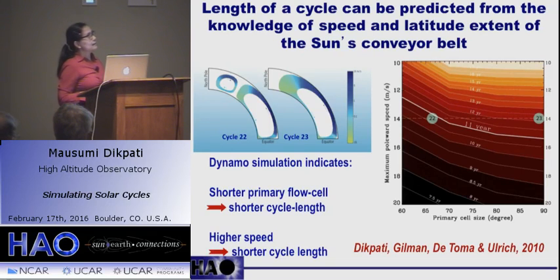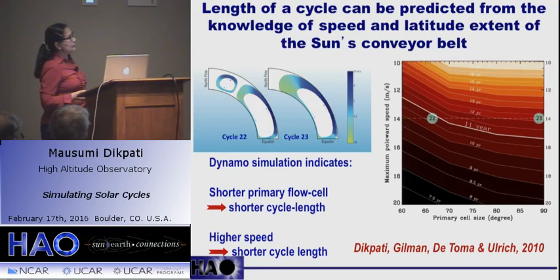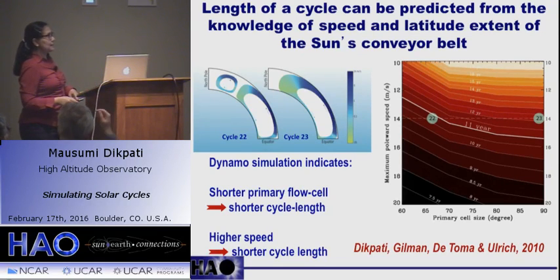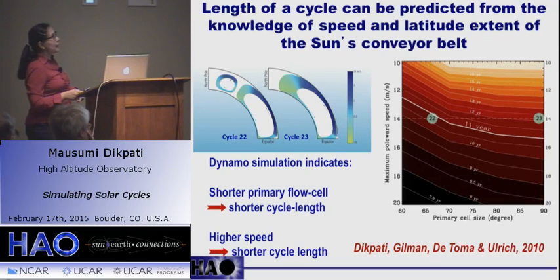You can see that the shorter the primary flow cell and the faster the flow speed, the shorter the cycles will be, and they are located in the bottom left corner. And if the latitude extent of the primary cell is longer and flow speed is slower, then that will give rise to longer cycles, which are located in the top right.